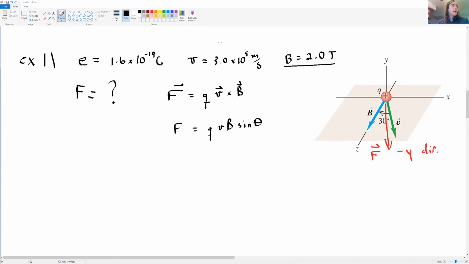Those of you who have answered the question already, perhaps you can now think about whether that is a large or a small force, given that the mass of a proton is 1.67 times 10 to the negative 27 kilograms.